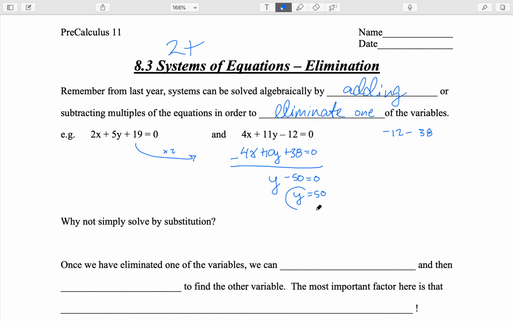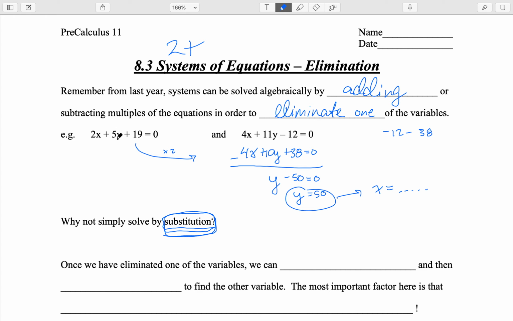Once I got y, I can figure out the other one. I could plug 50 into either equation to figure out what x is equal to, but I don't really care about that right now. Why didn't I just use substitution? Substitution always works, we love substitution. But if you wanted to solve for x here, you'd have to divide everything by 2, giving 19 over 2.